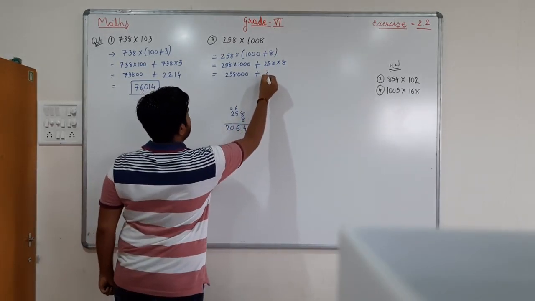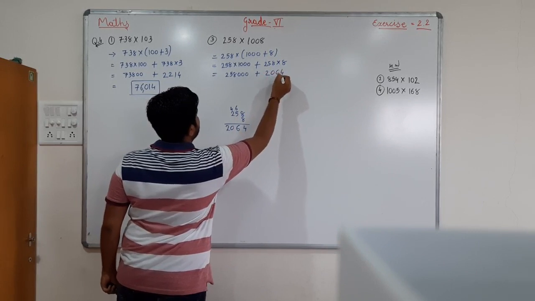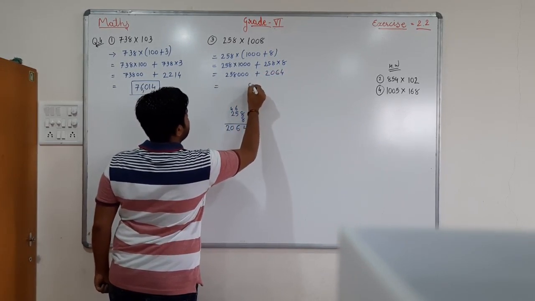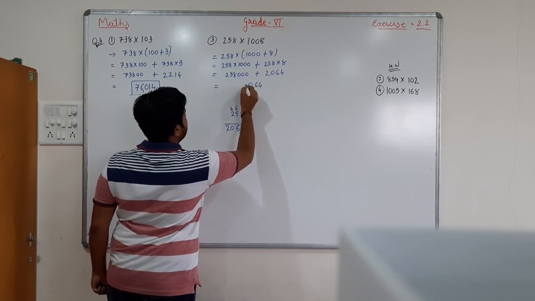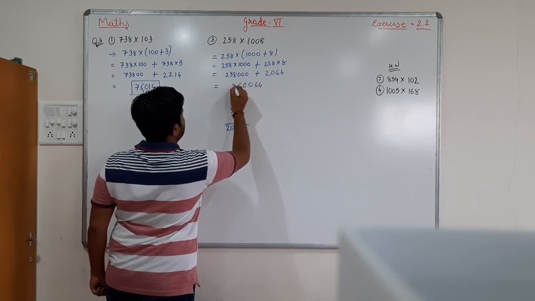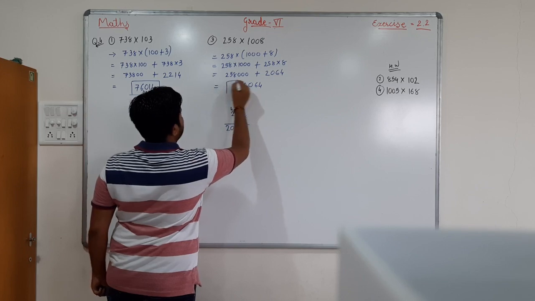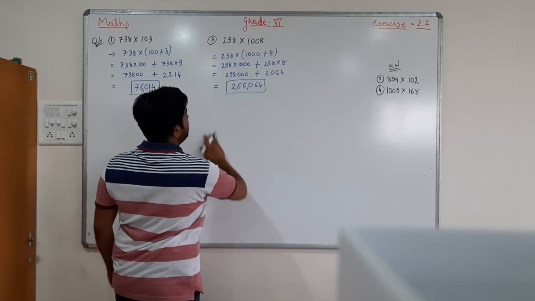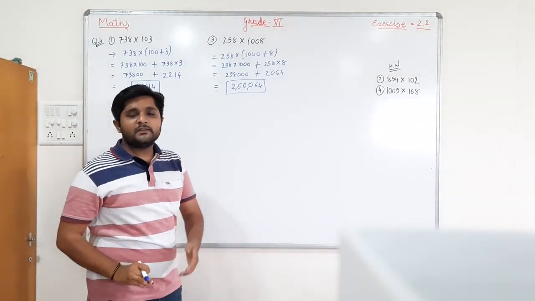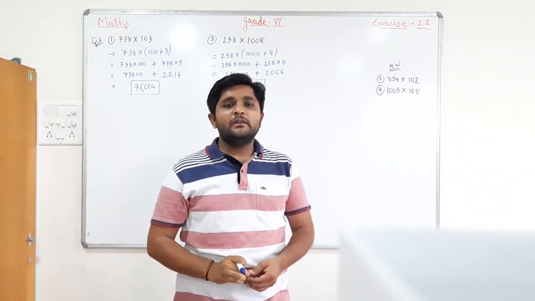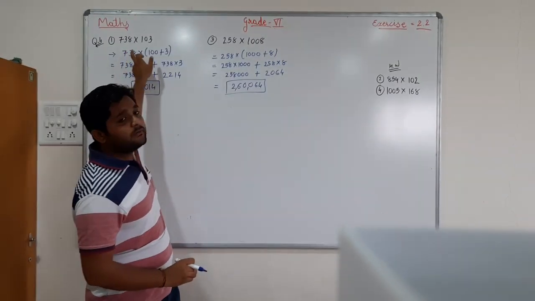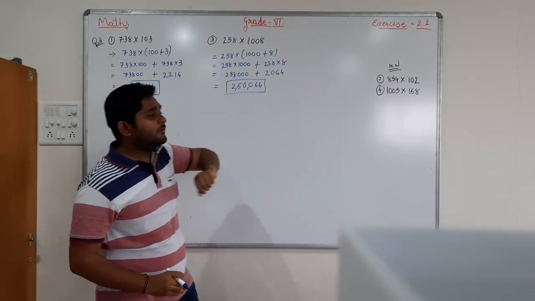So we got 2064. Now simply add both numbers, so we will get 2,60,064. So we got the answer 2,64,064.